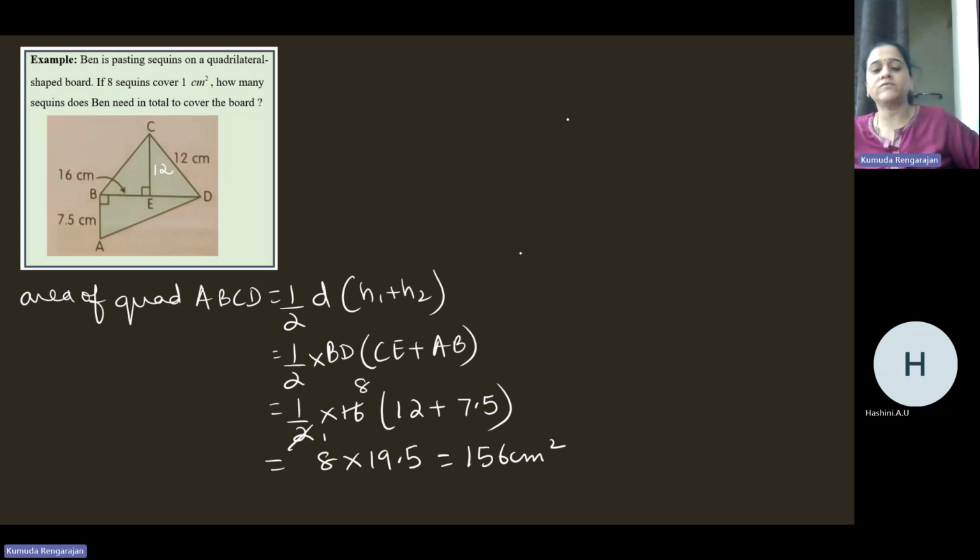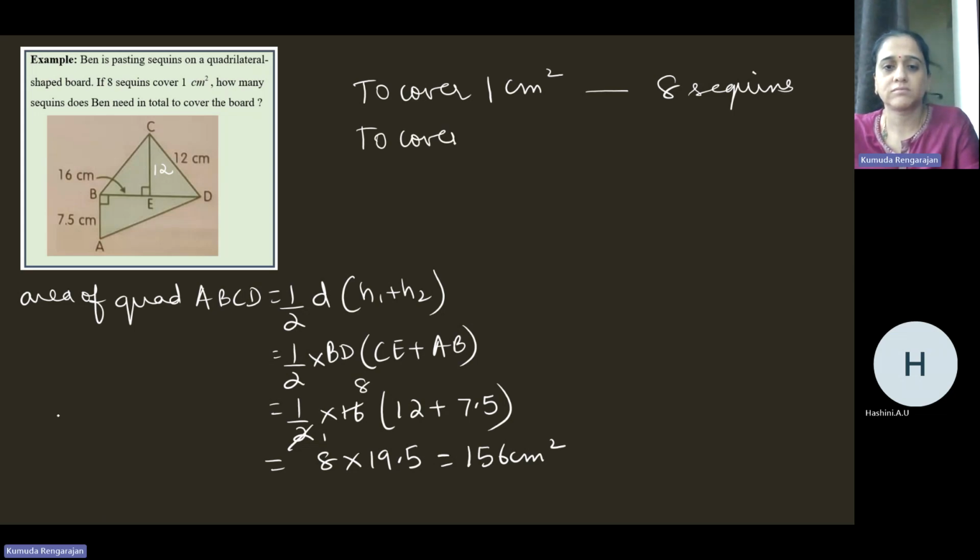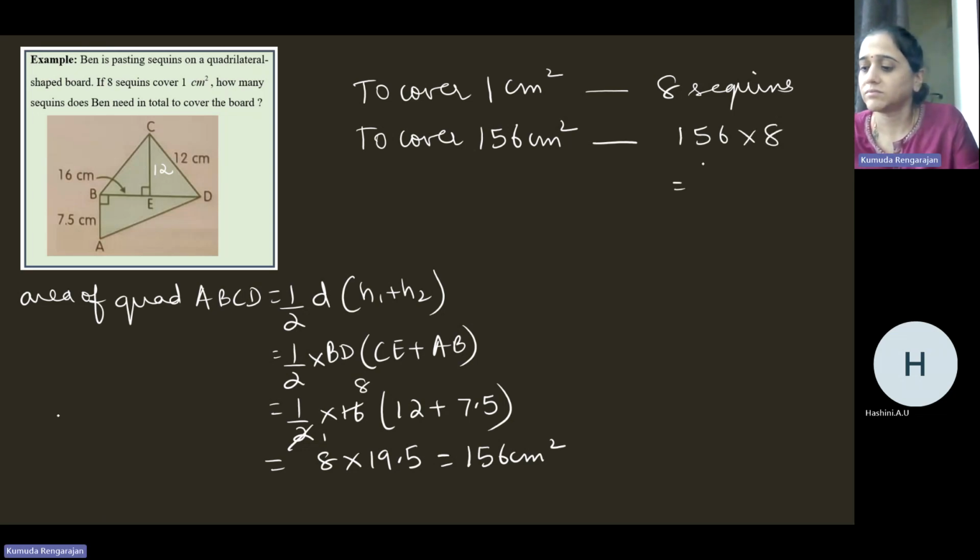So for 156 centimeter square, it will be 156 into 8. 1248. Completed now.